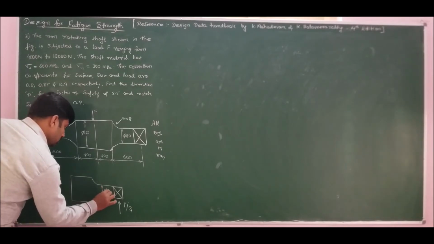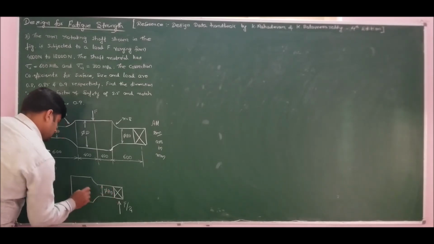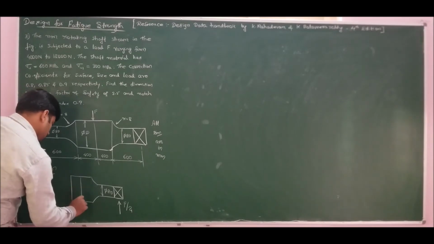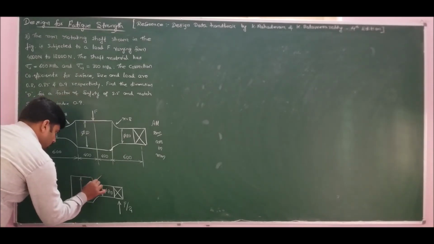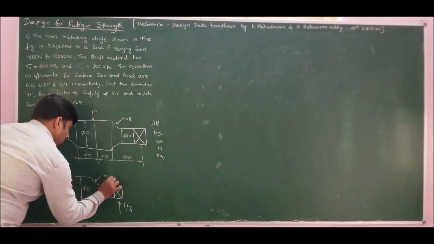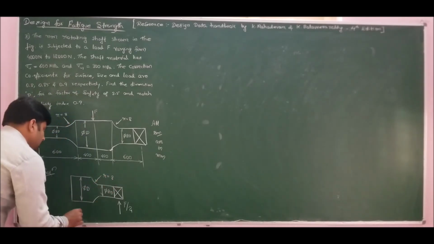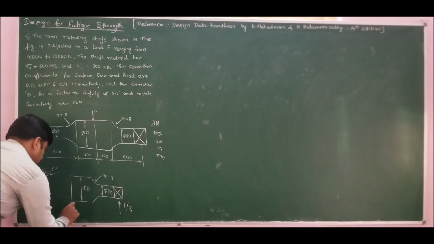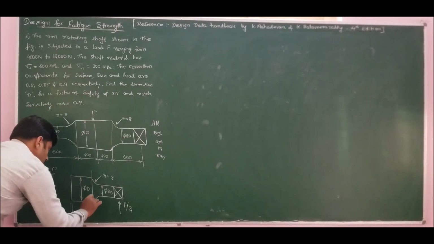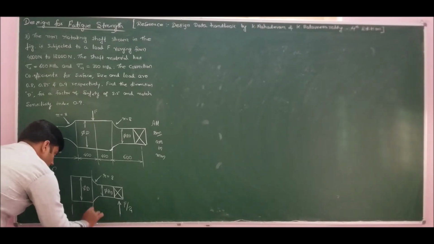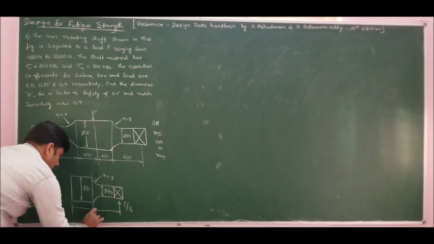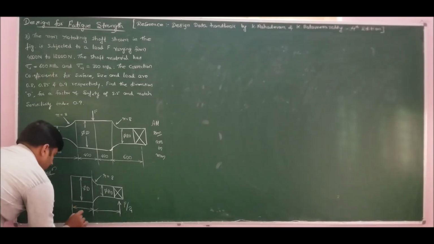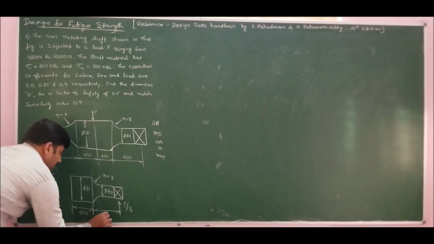The diameter is given as 80, and we are asked to find this diameter. We also know the radius R is equal to 8, and the distances are 400 and 600.